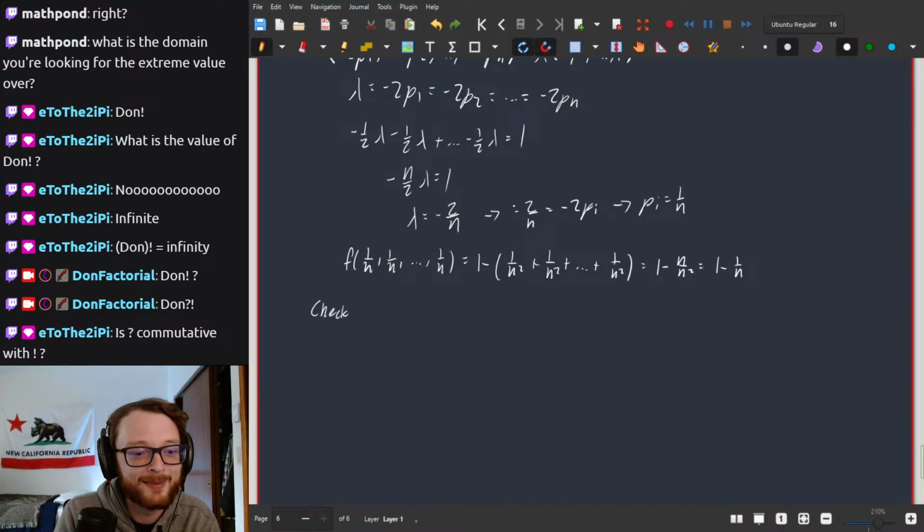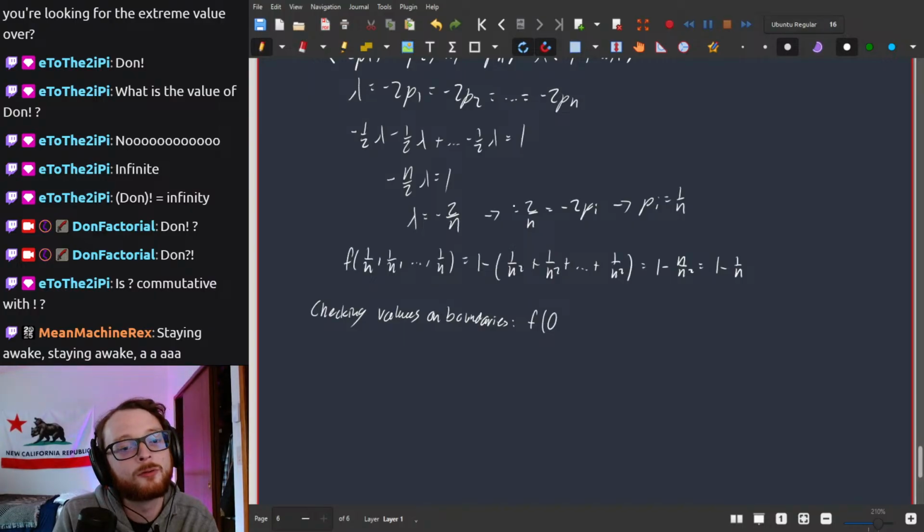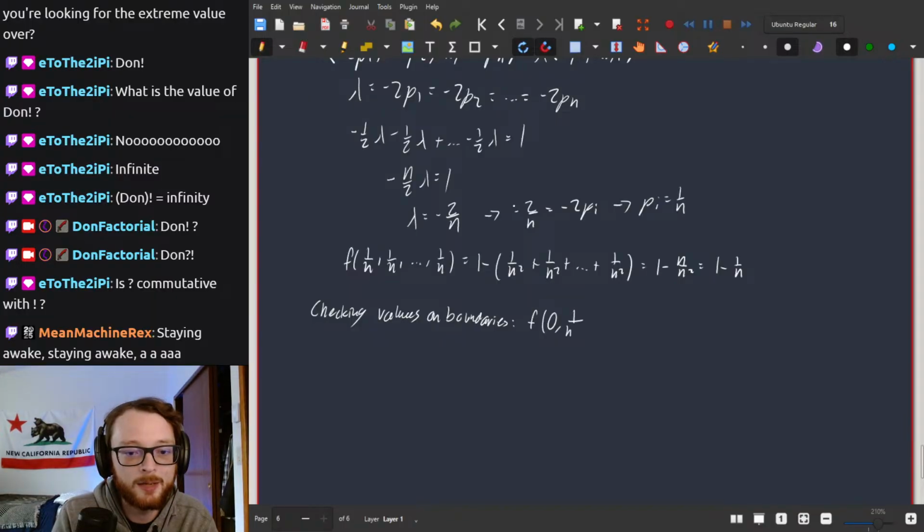Okay, so, checking values on boundaries. Staying awake, staying awake. So if one of these is 0, all the other ones must be 1/(n-1)?